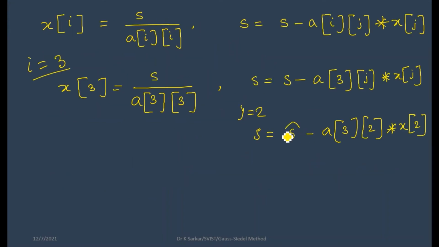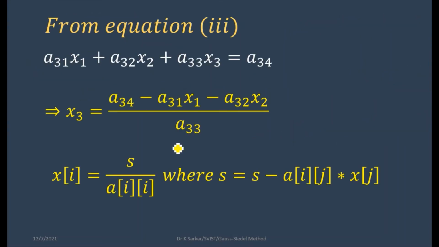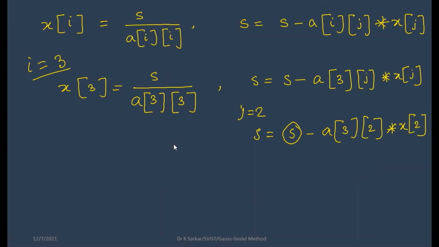So this s is what? This s you will get from the previous one. The previous one was s equals s minus aij xj. Previously i is always 3 for this case, right?